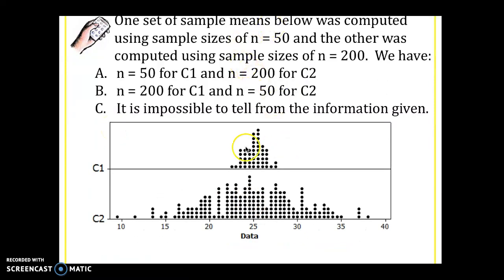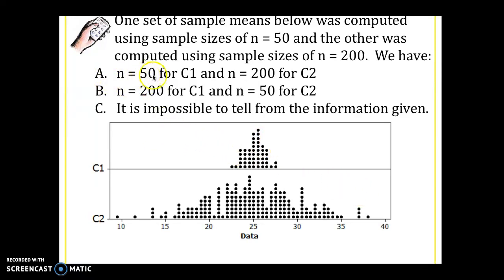Okay, one of these dot plots comes from a sampling distribution of size 50, and the other is computed from a sample size of 200. So for the dot plots, each dot represents a mean of size 50, or 200.